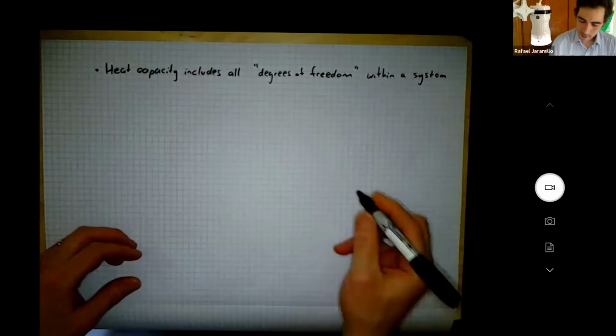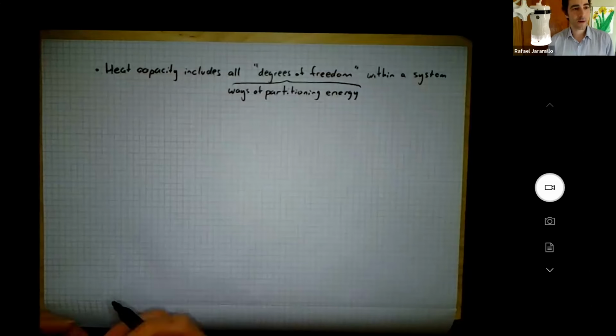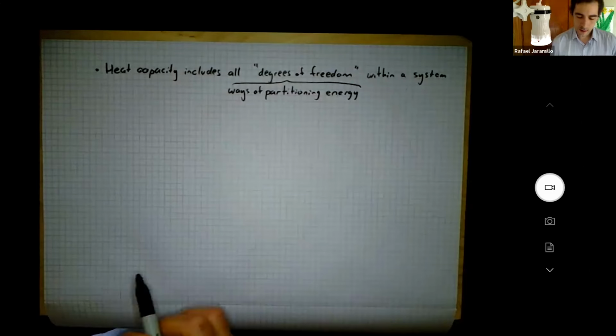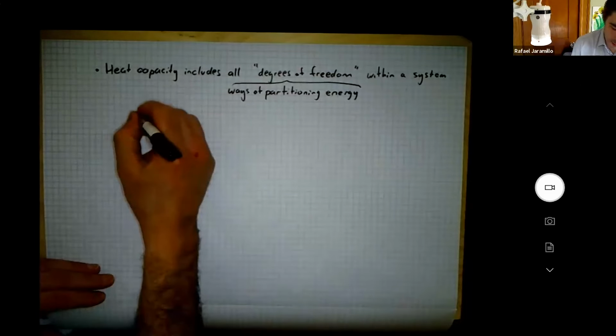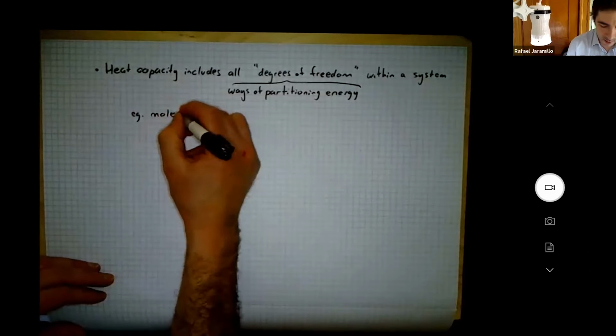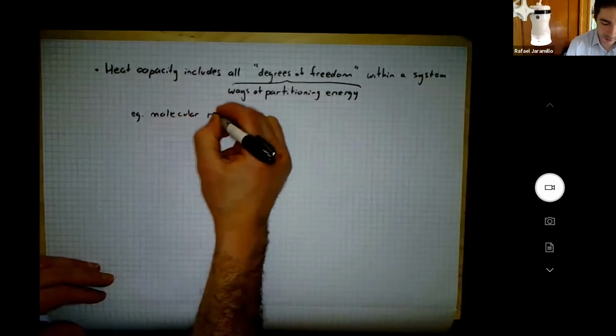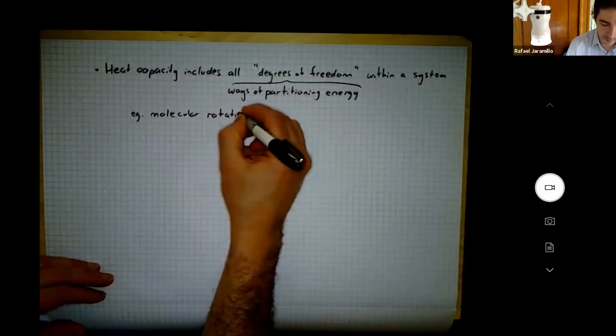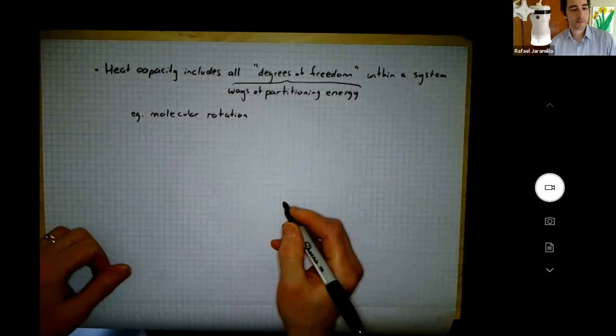You have this idea about bond lengths, and as we excite the atoms, there's more energy in those bonds. But there are other ways that atoms can interact with each other, and other ways that they can store energy. So for example, you might have a molecular system, and the molecules can rotate. That doesn't apply to cobalt.